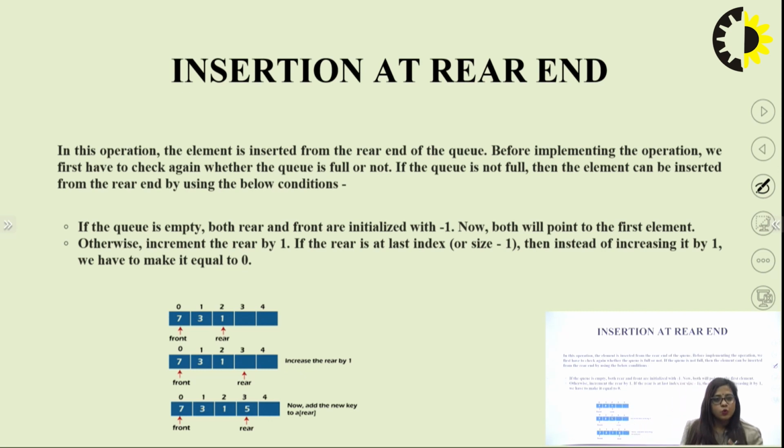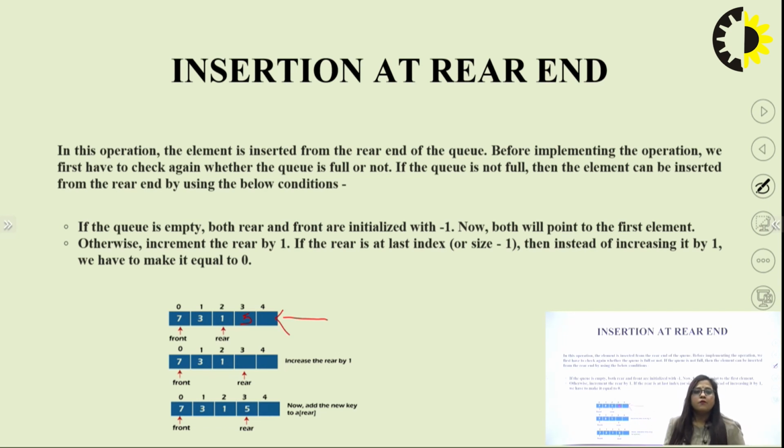You want to insert any number at the rear end. You can easily insert because in a DQ you can insert and delete on both sides. So your element is 5, and you can easily insert the 5. In this operation the element is inserted from the rear of the queue, which means from this direction.